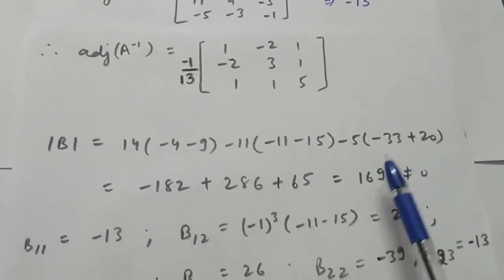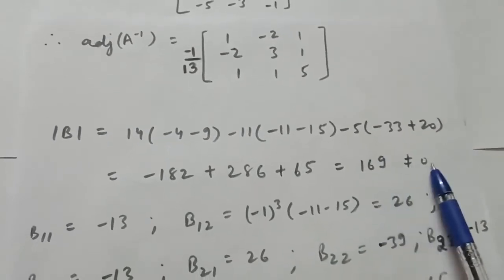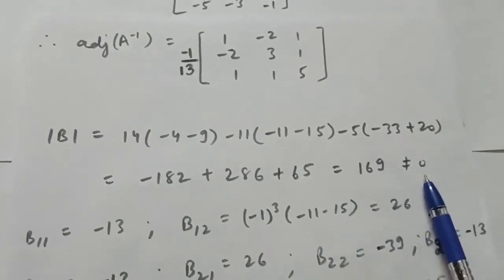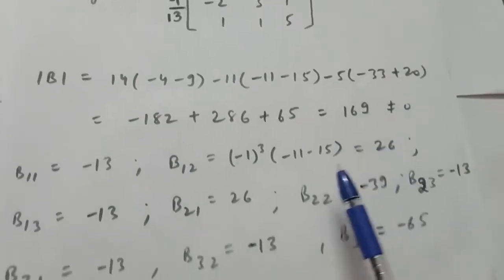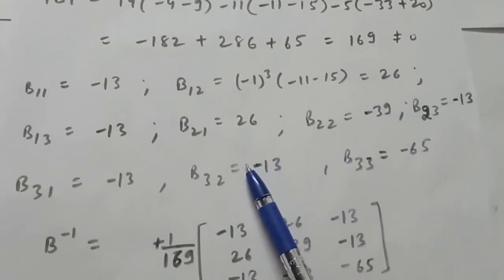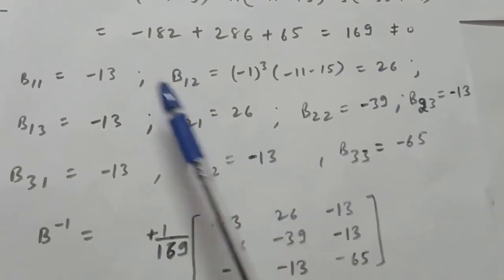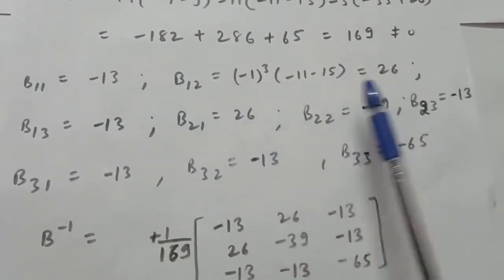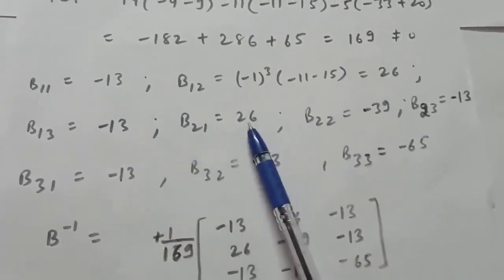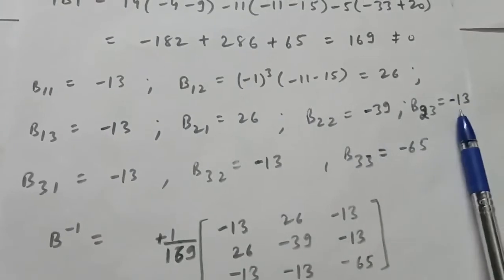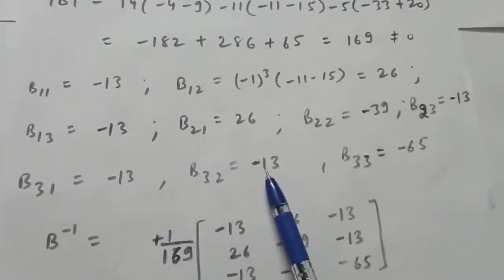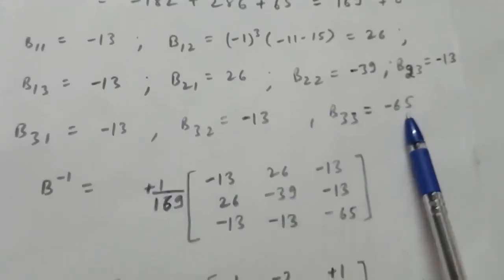So determinant of B will be 169, which is not equal to 0. Therefore inverse of B will exist. So find out the cofactors of B which are minus 13, 26, minus 13, 26, minus 39, minus 13, minus 13, minus 13 and minus 65.